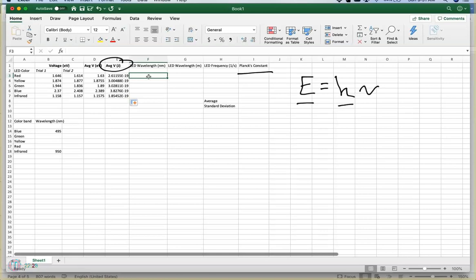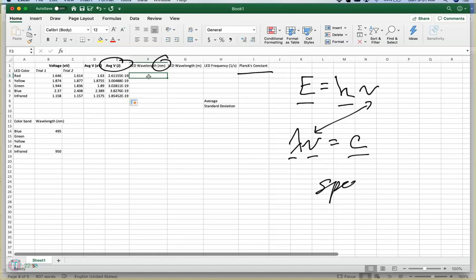I just have to rearrange this equation. However, I only have energy and no frequency right now. But I do know lambda and nu are related, so the frequency, which I want, is directly related to the wavelength, which I have, through the constant, the speed of light.